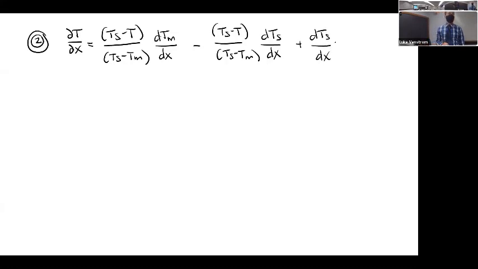So all we've done is applied the chain rule to our fully developed statement of what it means to be fully developed thermally, and broken it down into these individual terms.